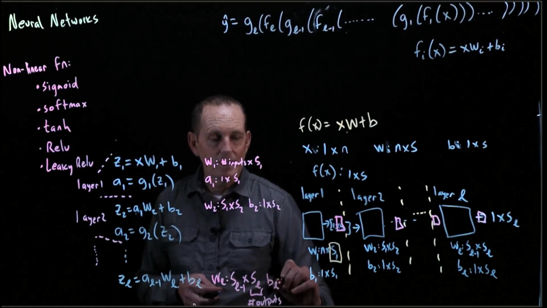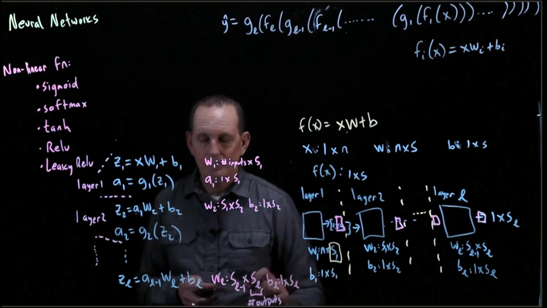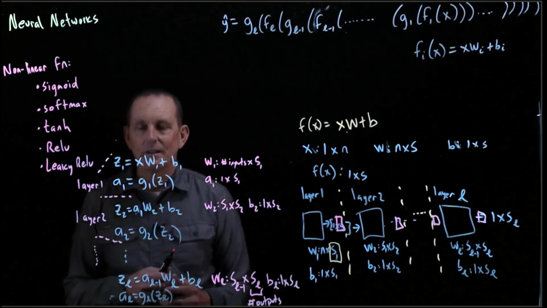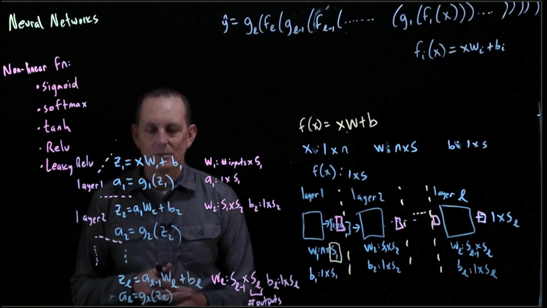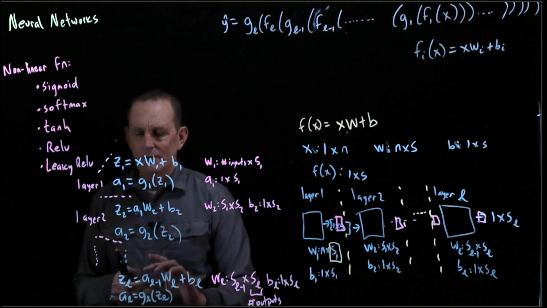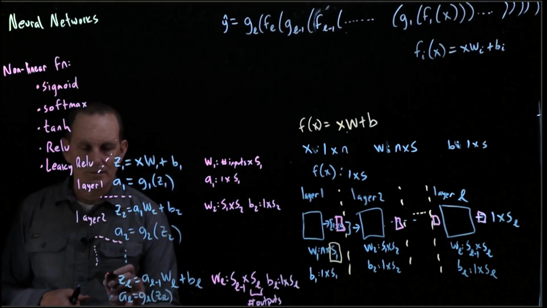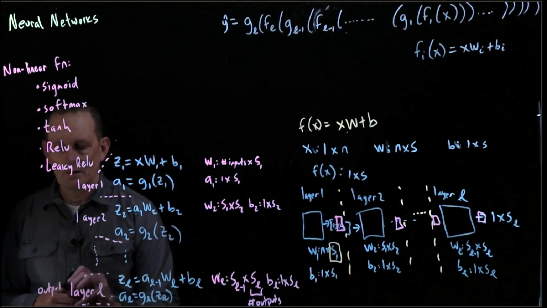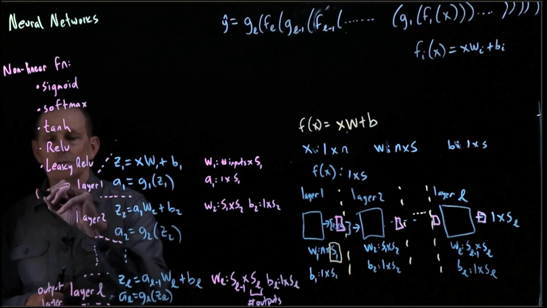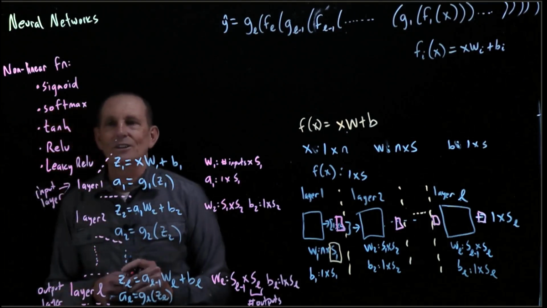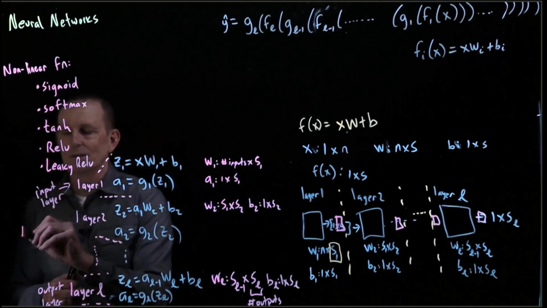B sub L is going to be 1 times S sub L. And then A sub L is G sub L applied to Z sub L. The last layer is also called the output layer. This one might often be called the input layer, and these are intermediate layers, or sometimes called hidden layers.